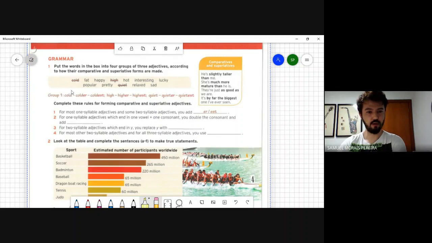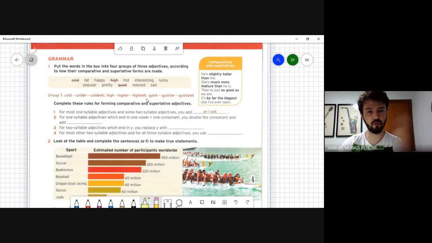Can you see? Ó, cold é o adjetivo não modificado. Colder é o comparative. E coldest é o superlative, ok? Aí vem, ó, high é alto, higher, mais alto, quando eu comparo uma coisa com a outra, and highest, a mais alta de todas.